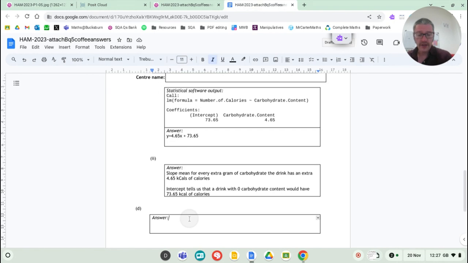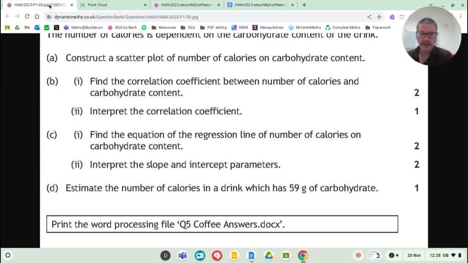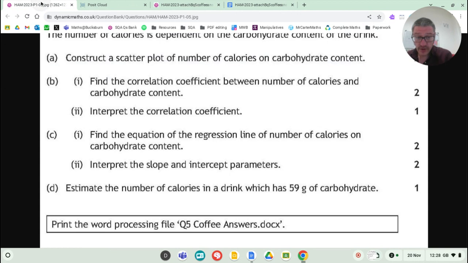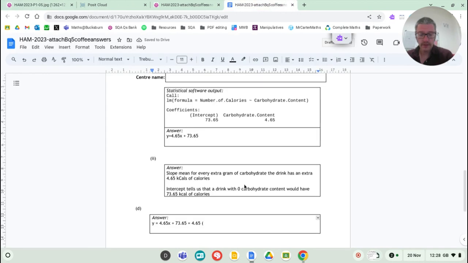So we have got the equation of the line of best fit, y equals 4.65x plus 73.65. The carbohydrate content was on the x-axis, so we can replace the x with the value, just double check, 59, and add on 73.65.